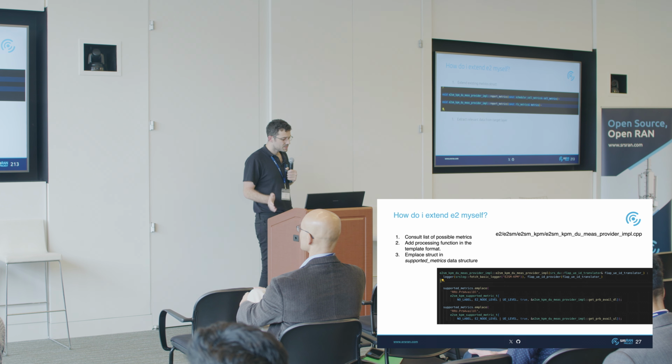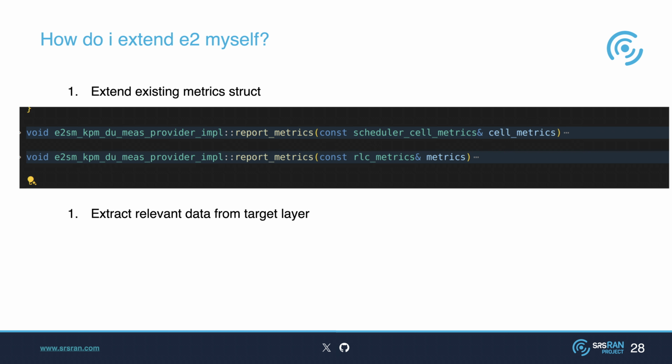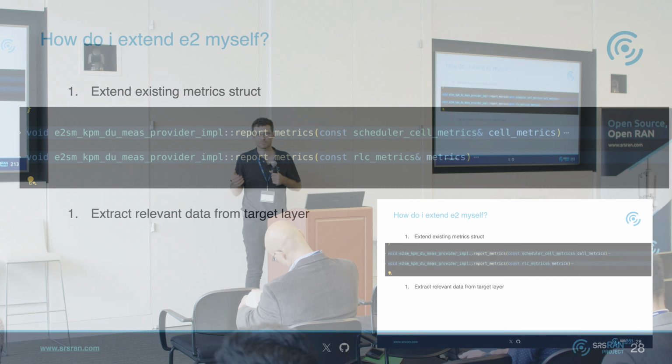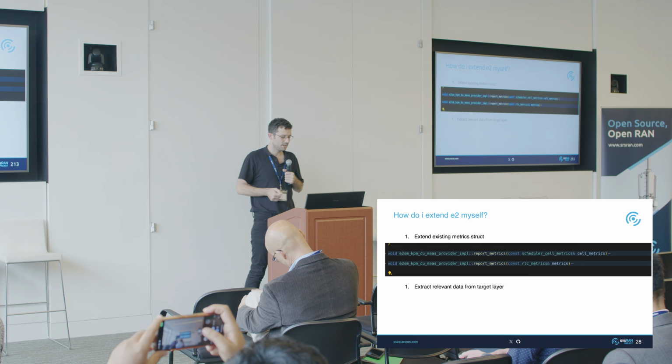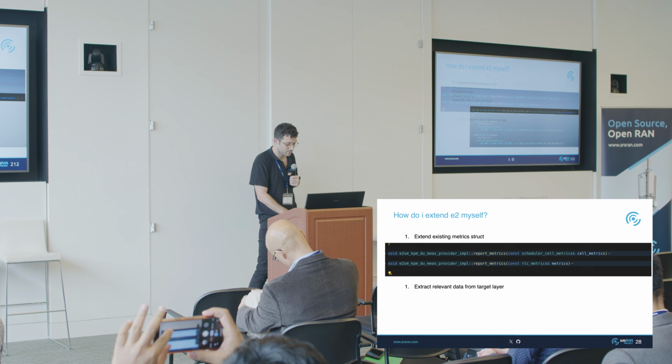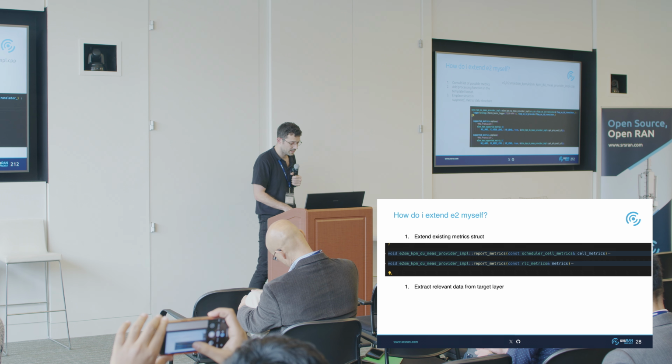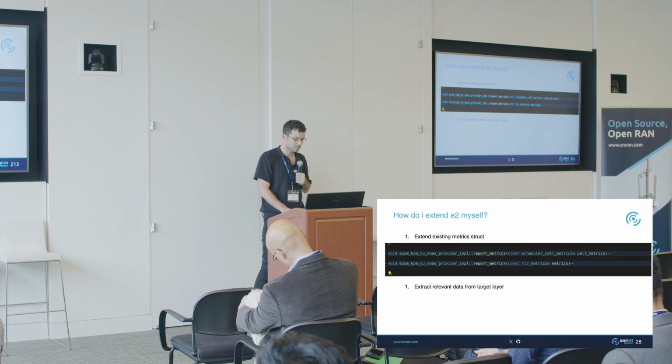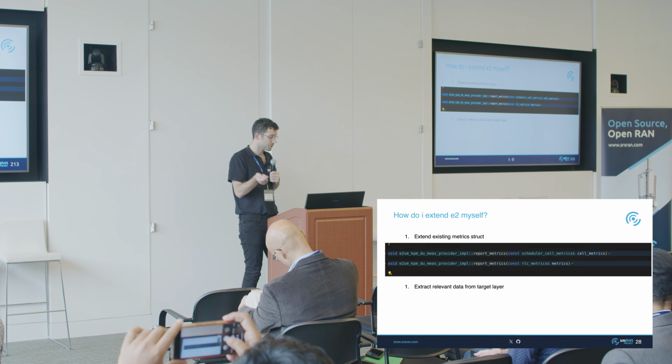So the second case is trickier, and it can't really be explained explicitly how to do it, but I'll just give a rough overview. If your metric requires some extra information from the layer that you're targeting, you need to go to these report metrics functions, again in that same CPP file, E2SM KPM, and look at the structure that's getting pulled in.